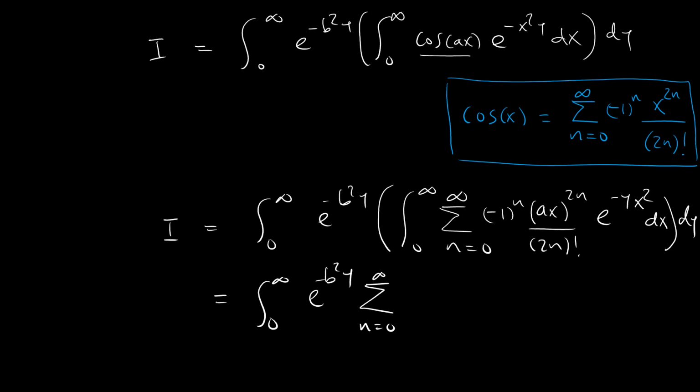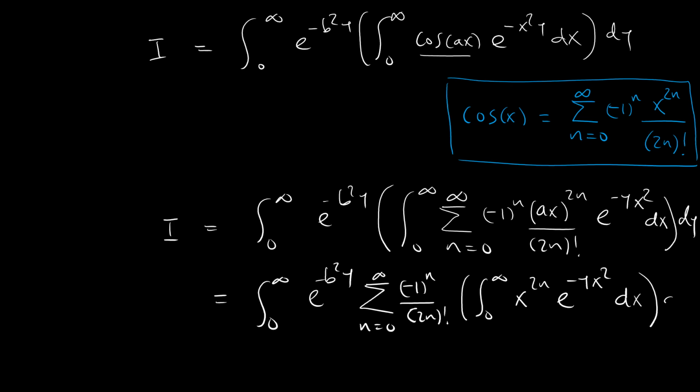So we have summation negative 1 to the n, and then we can also pull the 2n factorial, and then we're integrating from x equals 0 to x equals infinity of x to the power 2n e to the power negative y x squared, and then close off with dy.